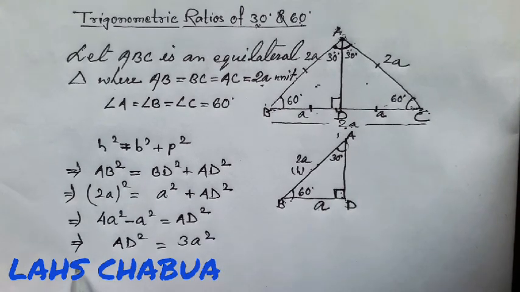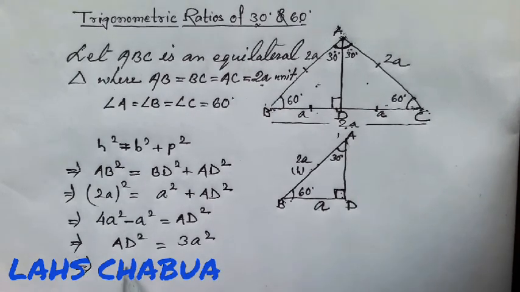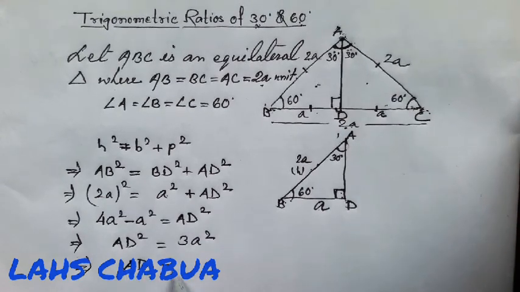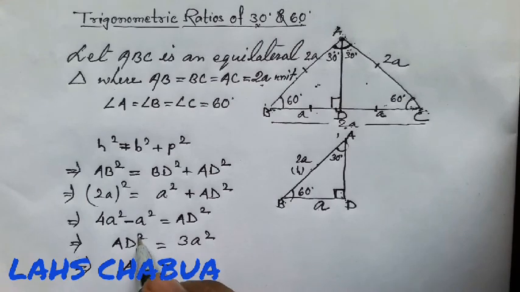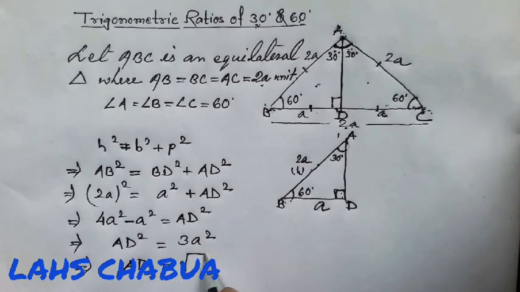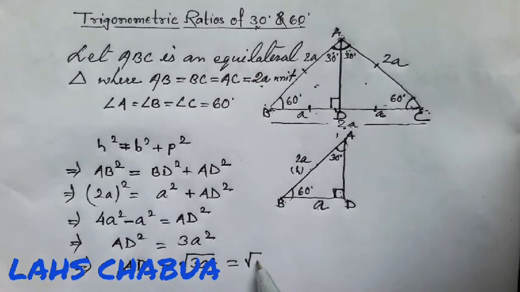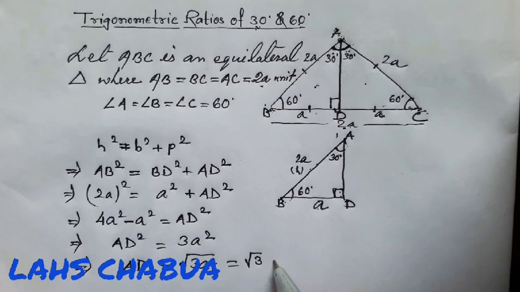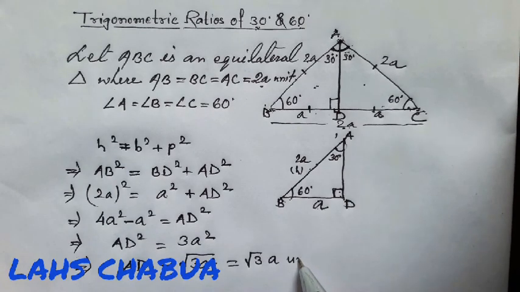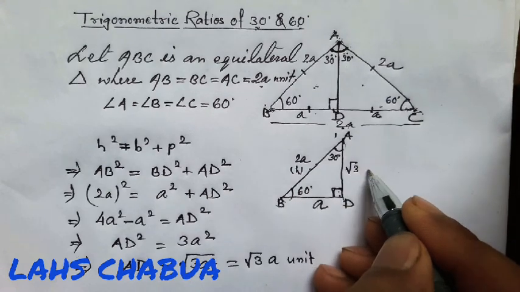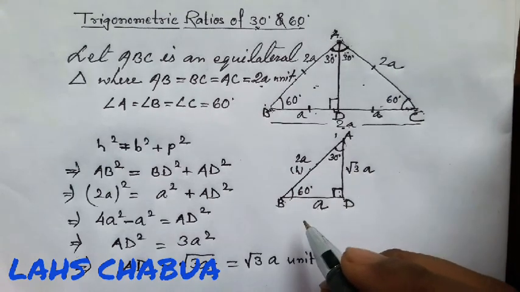So what will be the value of AD? We only need to calculate the length of AD. In order to remove this square, put a square root sign: the square root of 3A square is A root 3. This is the value of the perpendicular, we got it as root 3A unit.